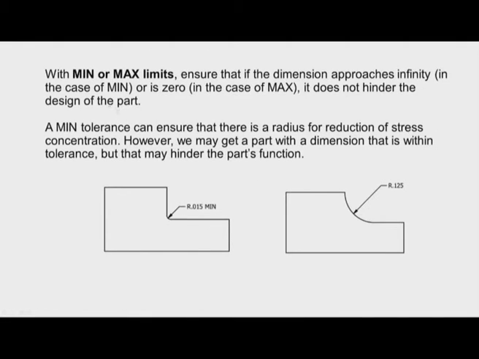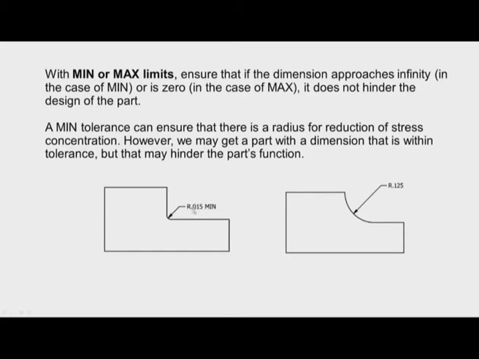And then sometimes the minimum or maximum limits are specified on the drawings. We can see here we have a work part like this, and we have a fillet here, and the radius of the fillet is 0.015 minimum.